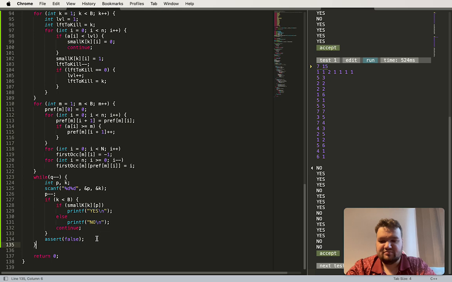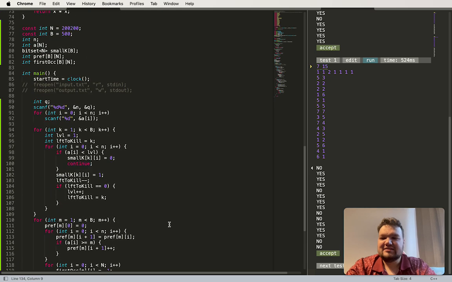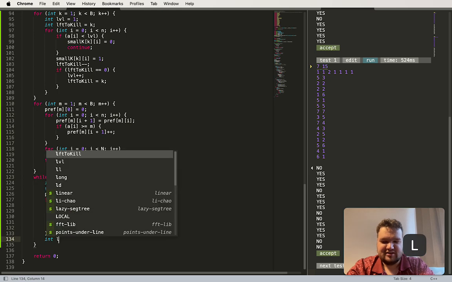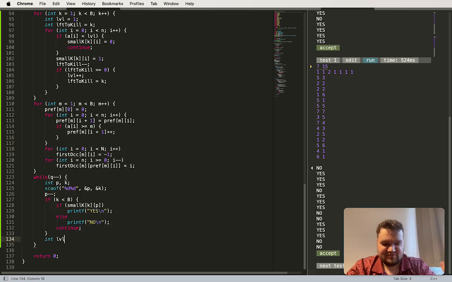Alright, but in reality, we need to solve this still. So to solve it, we'll say, okay, let's emulate what will happen for a given value of k. We start with level 1, we start in position 0.